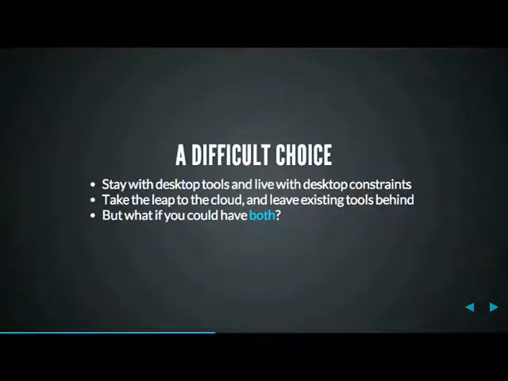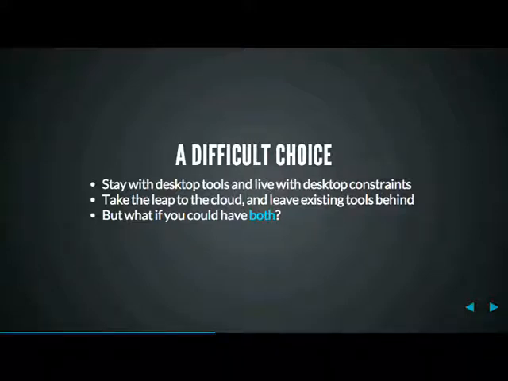So we have this difficult choice, right? We see these cool new tools. They can do wonderful things. They have these new properties that our desktop tools don't have, but they don't have all the capabilities we need. Back on the desktop, we have, as I said, this huge ecosystem of plugins. I have a huge set of existing tools that work. If I go to the web, I lose those desktop tools.